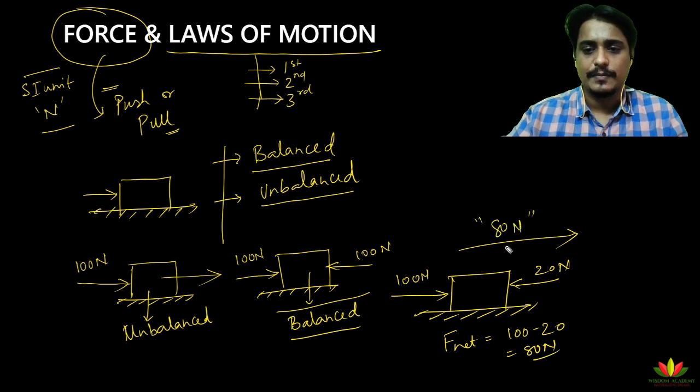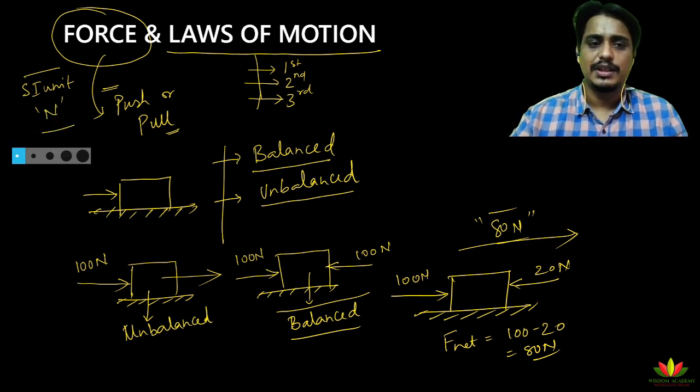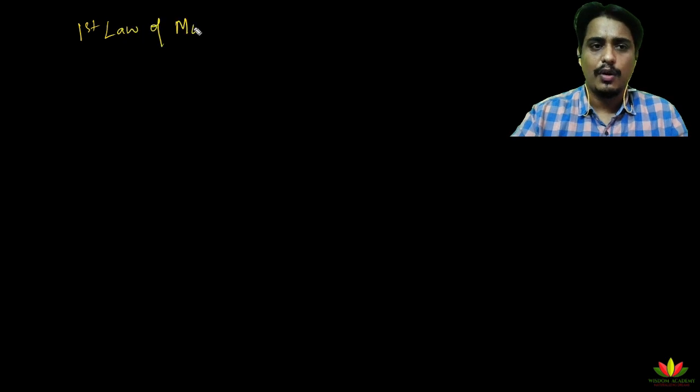So this is the concept of balanced and unbalanced force. Now we are going to start the laws of motion one by one. The first law of motion is a very simple law.